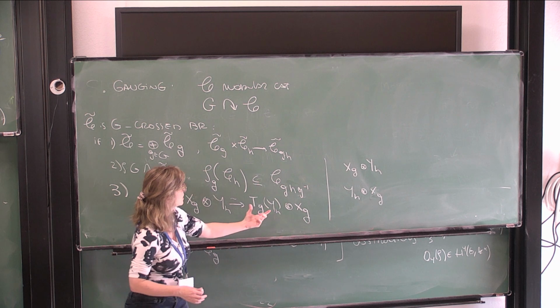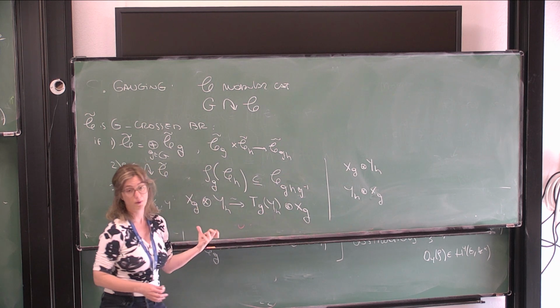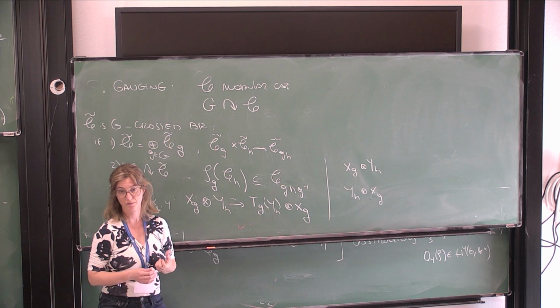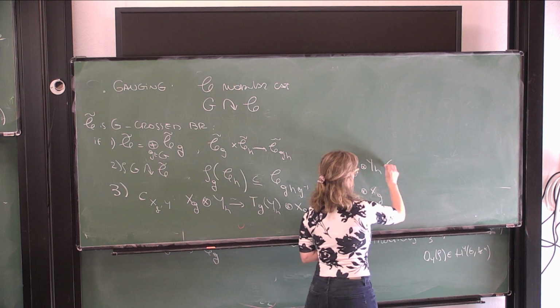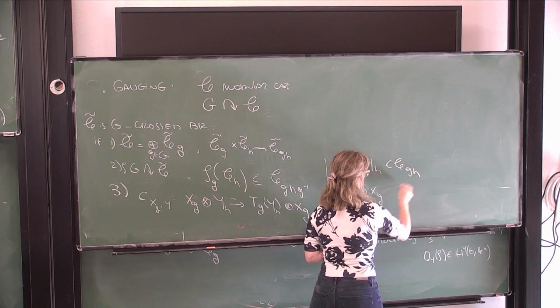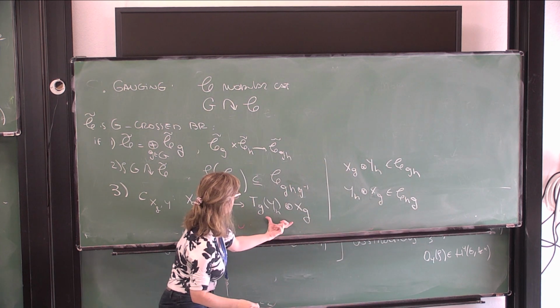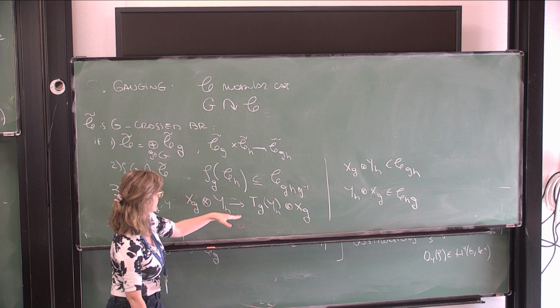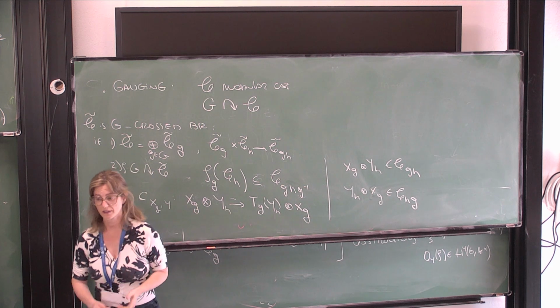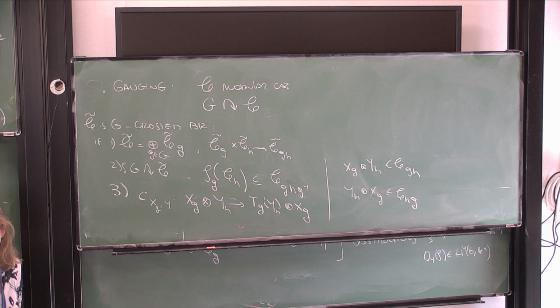Now I have things that live in the same component, and I can ask for an isomorphism. So now this lives also in C_GH, and then I have an isomorphism. So it's not an honest braiding, but it's a cross braiding.